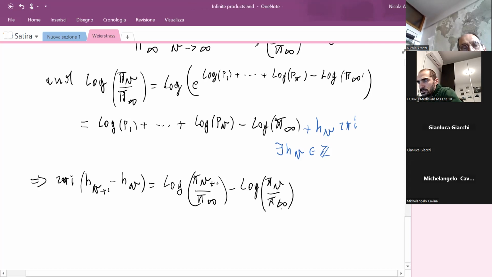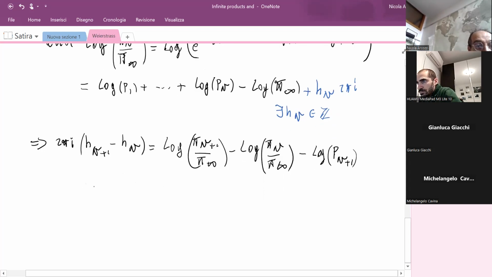But say, from this relation, I take a difference between capital N plus 1 and N. I get a bunch of cancellations, and what survives here is, I guess, with the minus sign, log of p_{N+1}. And then we let N go to infinity, and that goes to 0, minus 0, minus 0.